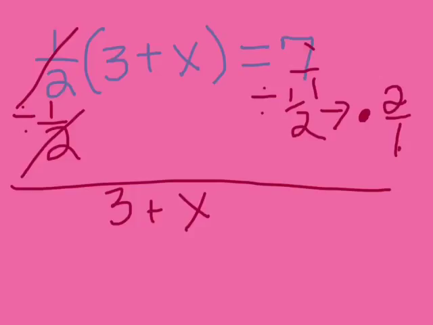Well, 7 over 1 times 2 over 1, 7 times 2 is 14 over 1, which is really just 14. So now I have 3 plus x equals 14.